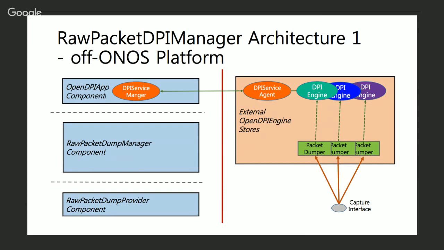For that reason, I'm suggesting that we set up a DPI service, which is an interface backed by a simple manager component that provides some way of spawning these DPI engines. It doesn't spawn them directly, but with the help of an external agent.